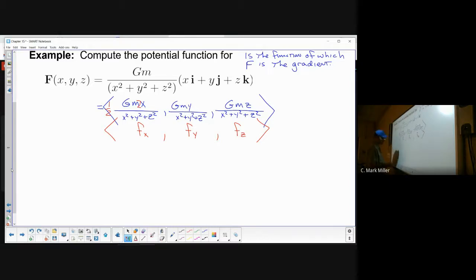So little f of x, y, z would have to be something like a logarithm, right? It would have to be 1/2 gm natural log of x squared plus y squared plus z squared. Let's try that out.